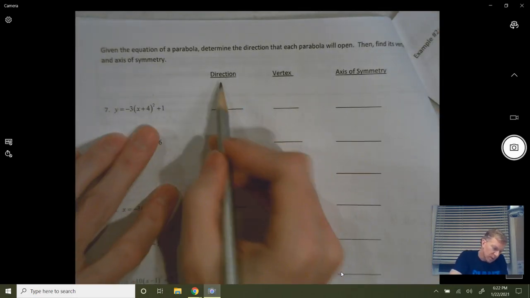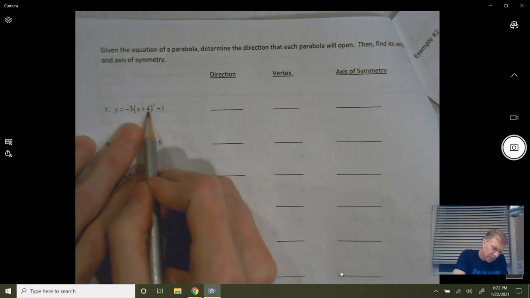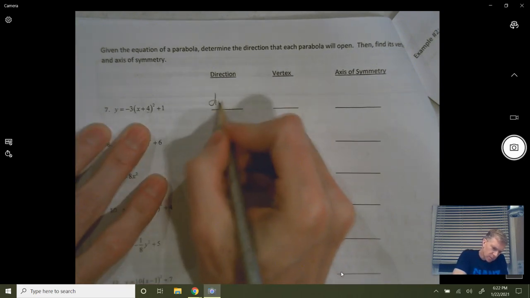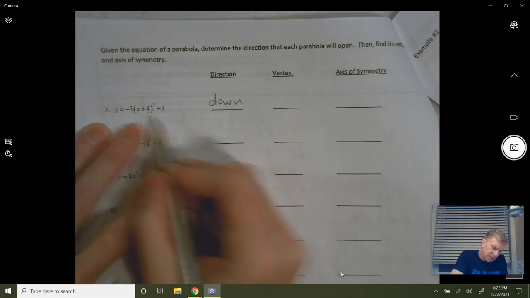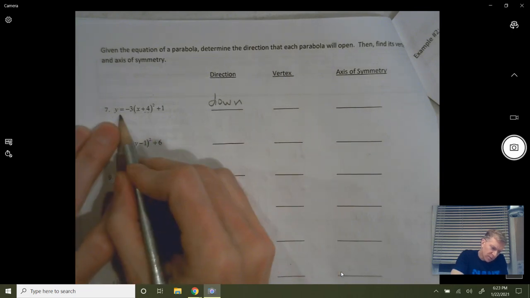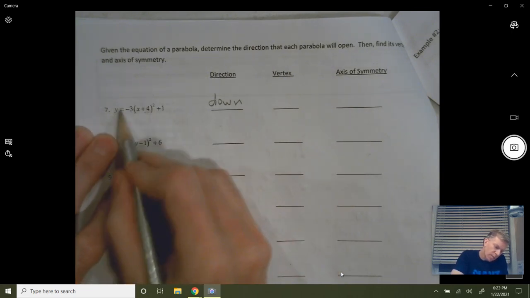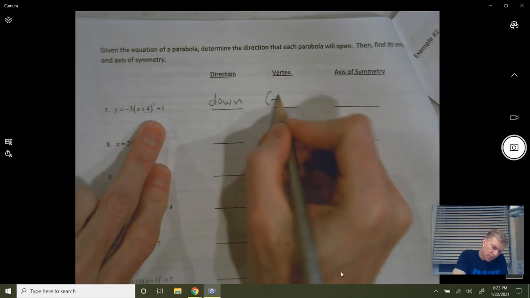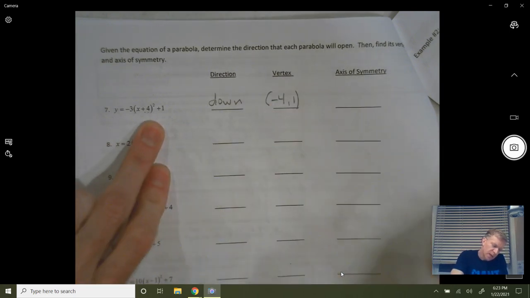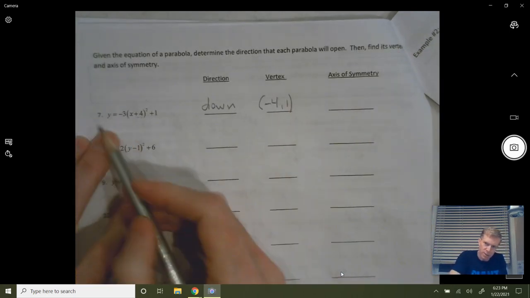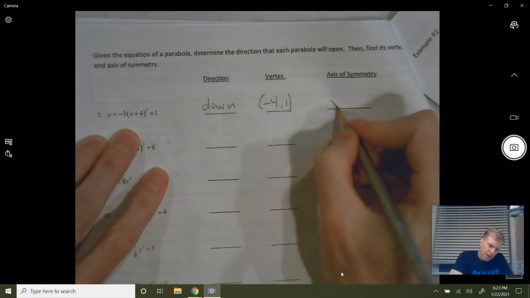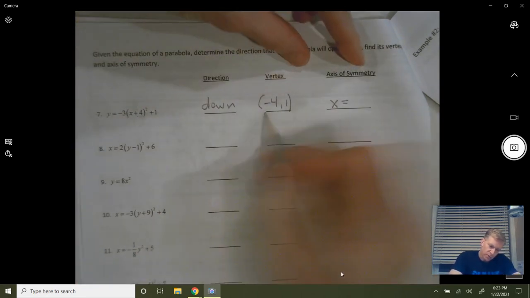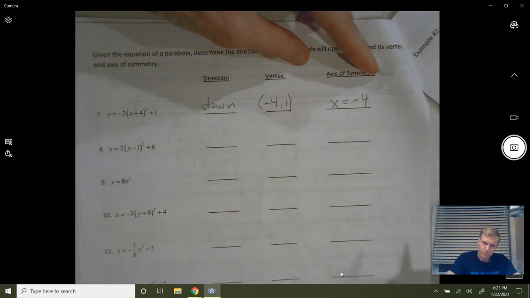Okay, so the direction, y equals negative x squared, that opens down. The vertex is negative 4. Now if you put that 1 with the y, it'd be y minus 1. So negative 4 comma 1. The axis of symmetry, it's y equals x squared, so it's vertical, so x equals the x coordinate of your vertex, negative 4.